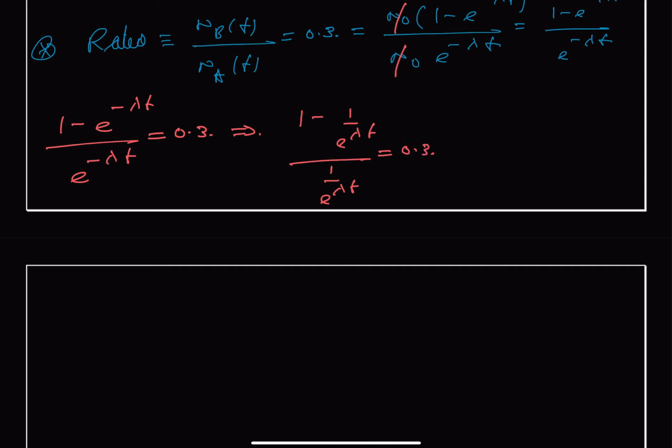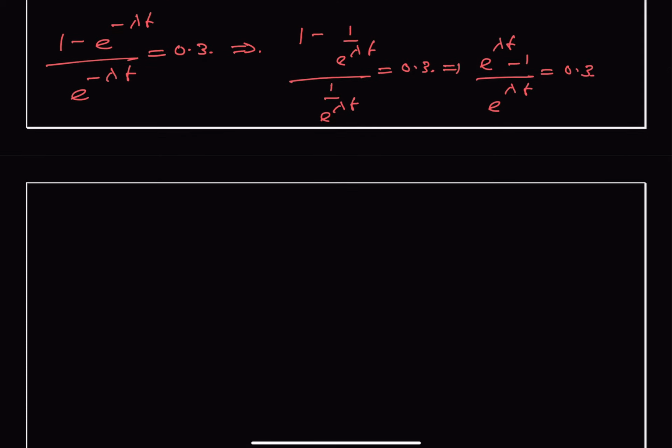So this gives us that e raised to power lambda t minus 1 divided by e raised to power lambda t is equal to 0.3. Now we cross multiply it. We write e raised to power lambda t minus 1 is equal to 0.3 e raised to power lambda t.